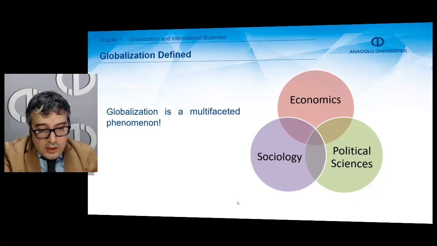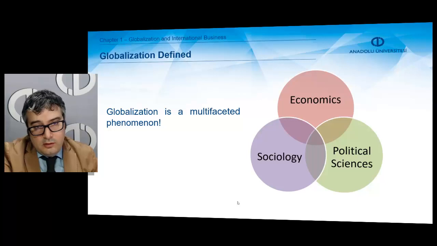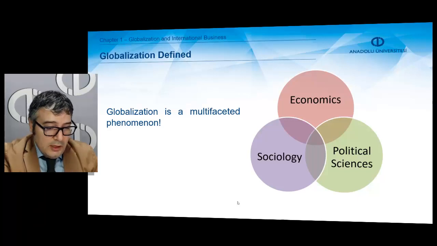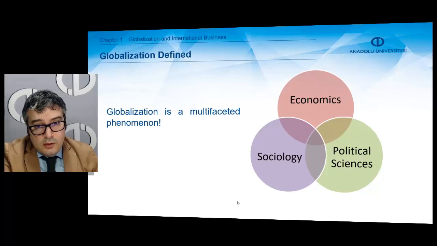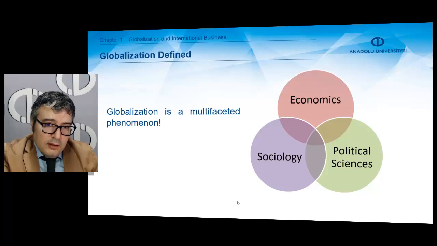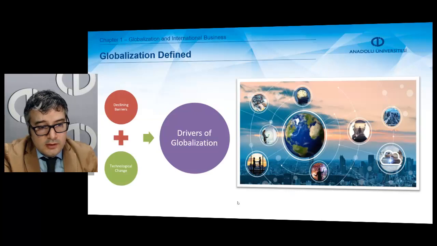Sociologists approach the same phenomenon in terms of the rising of global culture and global companies and their dominance in creating and sustaining it. International relations experts tend to focus on global conflicts and global institutions as well. So it's a multifaceted phenomenon with roots in economics, sociology, and political sciences.